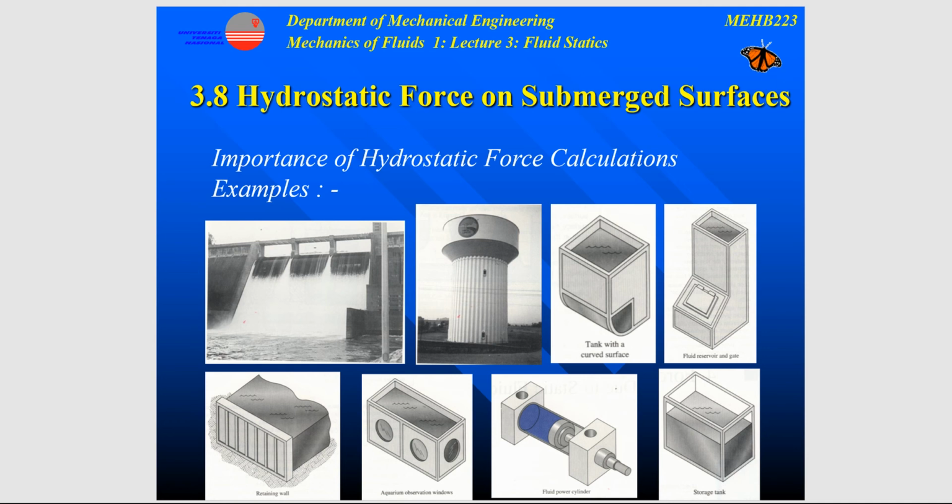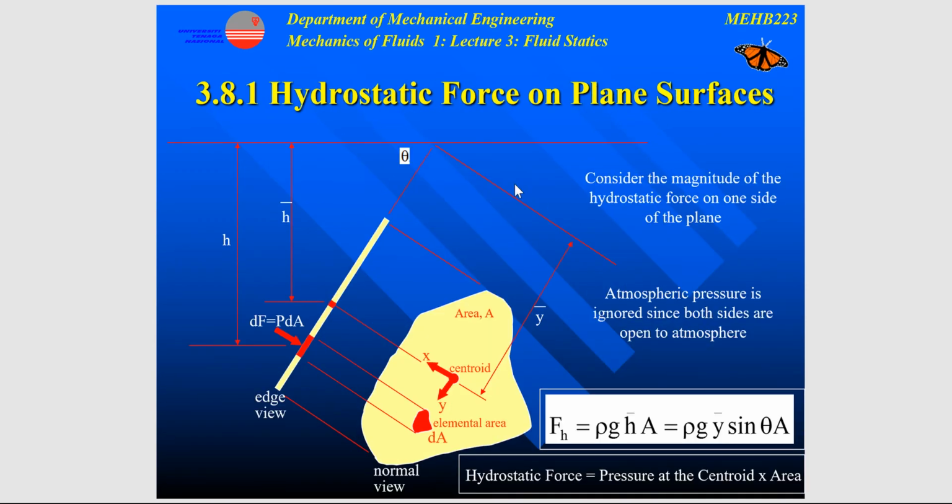In one of my videos, I have also explained the derivation of the hydrostatic force equation and also its location. So this is the hydrostatic force equation. However, this equation is applied on a plane surface, where FH is the hydrostatic force, or also can be written as FR, equals rho g h bar A, or gamma h bar A, and h bar can also be written as hC.